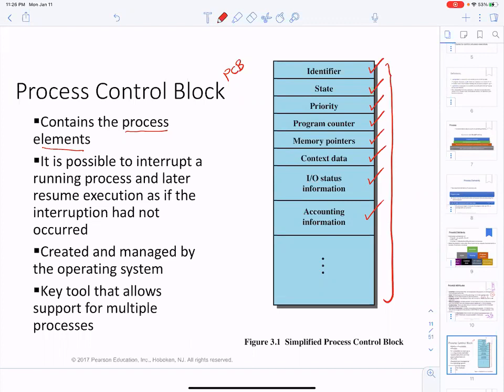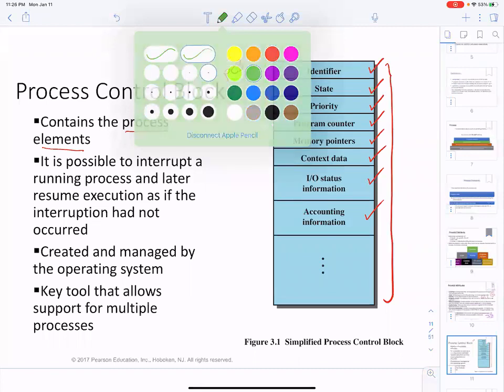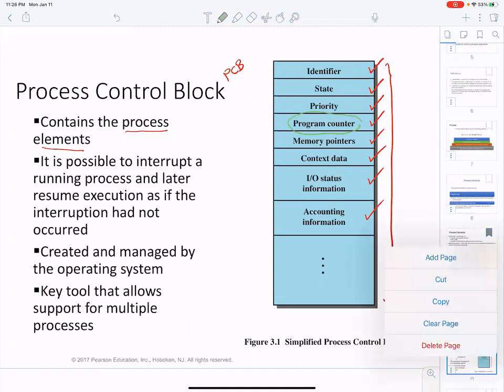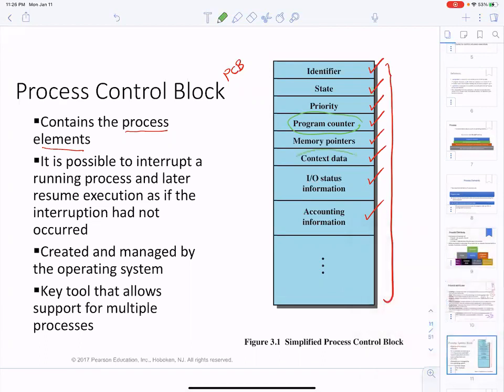Keep in mind the program counter and the context data, which is information about the registers of the processor that monitor the behavior of a processor.